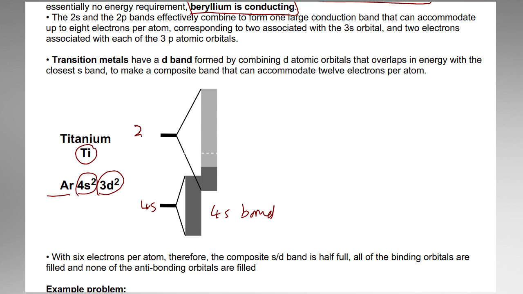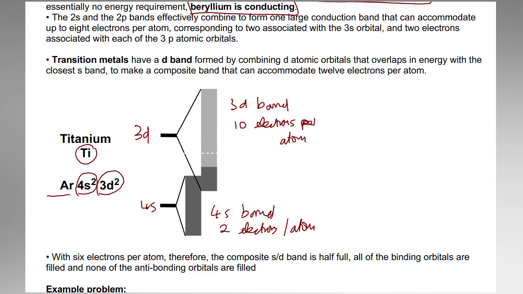And the 3d atomic orbitals will also combine to make a 3d band. And because, remember, there are 5 d orbitals, the 3d band can accommodate 10 electrons per atom. The 4s band can accommodate 2 electrons per atom.